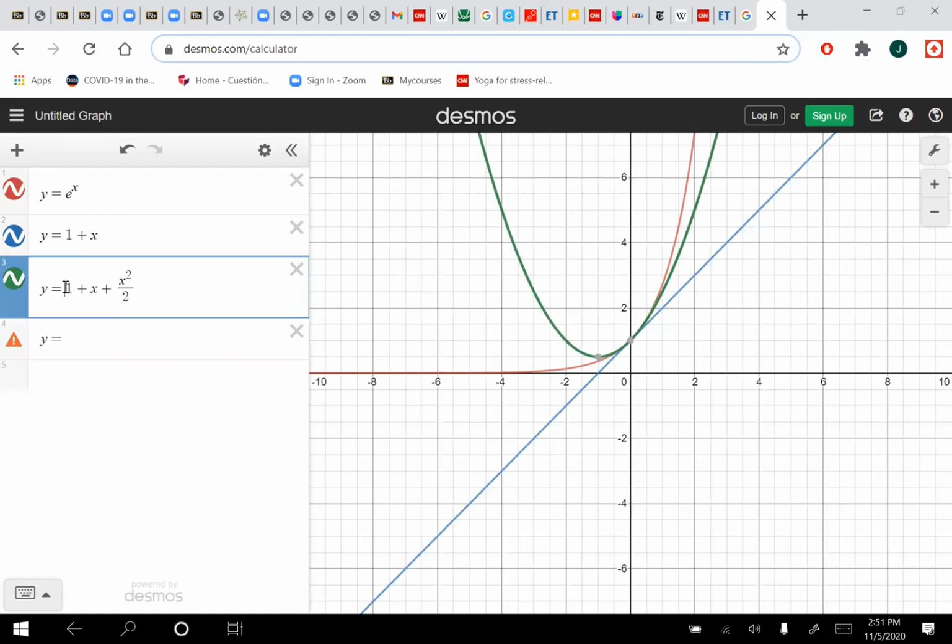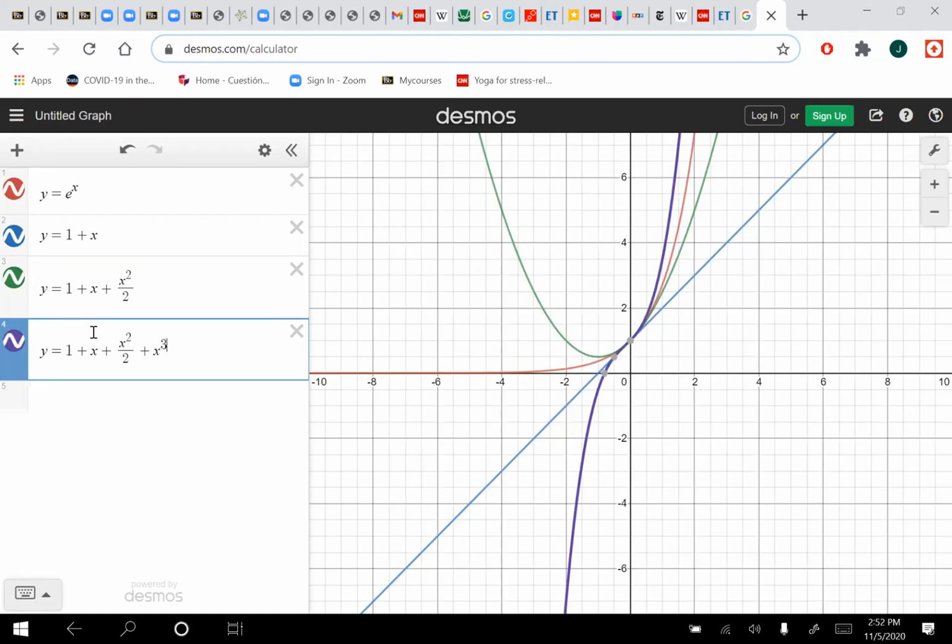So you want a better approximation. So you want plus x cubed divided by 3 factorial. What is 3 factorial? 6. You see?